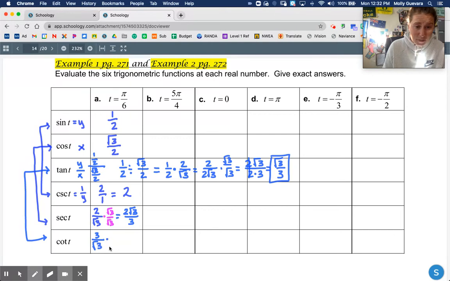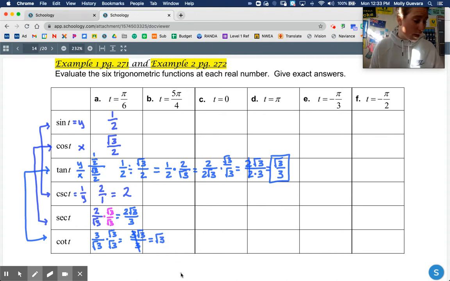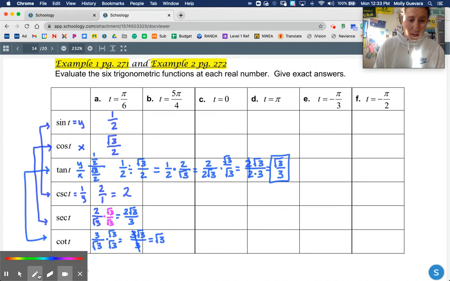Again, I can't have the root 3 on the bottom, so I multiply by root 3 over root 3, and I get 3 root 3 over 3. The 3's cancel, and I just get root 3. So the cotangent of pi over 6 is just root 3. I'm going to clean this up a little bit, and then we'll look at 5 pi over 4 as well.